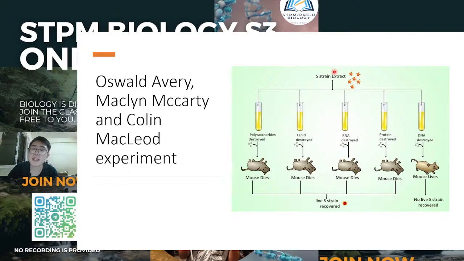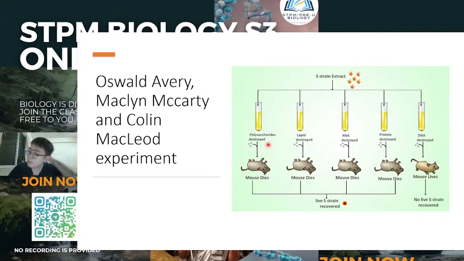So this is the S strain. It went through centrifugation, releasing all the components of the S strain, and then it was injected with the R strain. You see that this one is the R cell. Even though the S strain is dead, if it contains the heritable material, then when injected combined with the R cells, this heritable material can transform the R cells into S cells again.